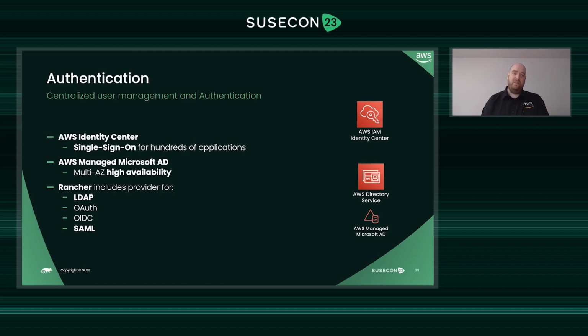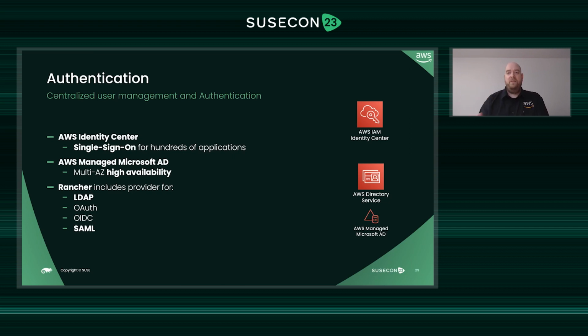On the AWS side, we have AWS Identity Center, where you have your user management either directly integrated in AWS Identity Center, or you can attach an AWS Managed Microsoft Active Directory as identity source. There are around 300 pre-integrated apps available for Identity Center, but it can also be integrated with custom SAML applications like Rancher.